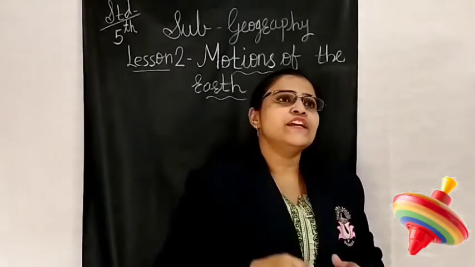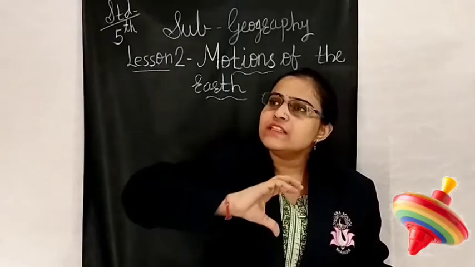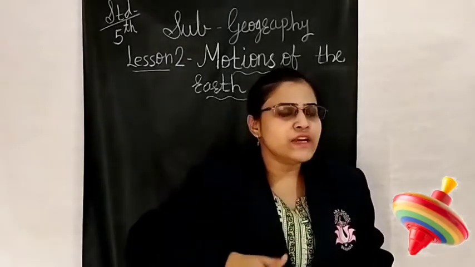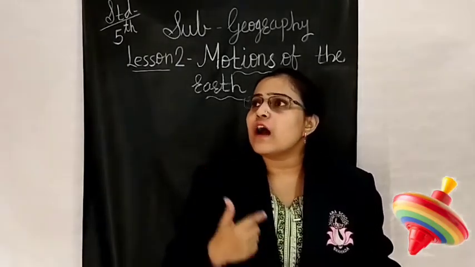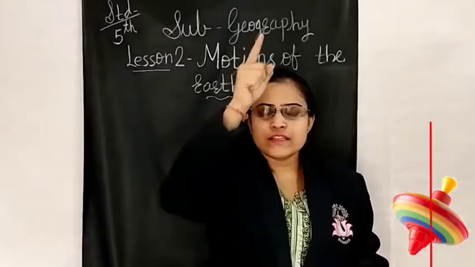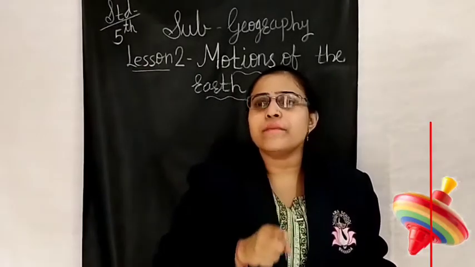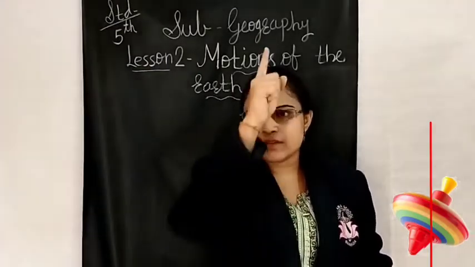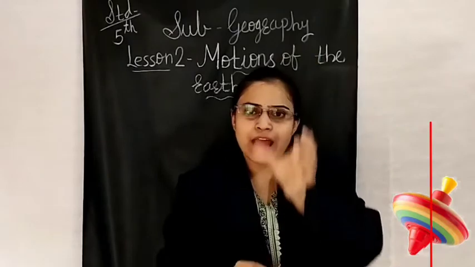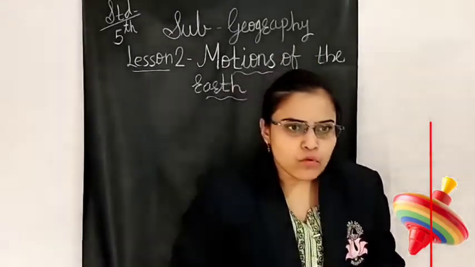This is a top. As we spin it, it turns around itself only. In this way, around a certain imaginary axis, the top is moving.